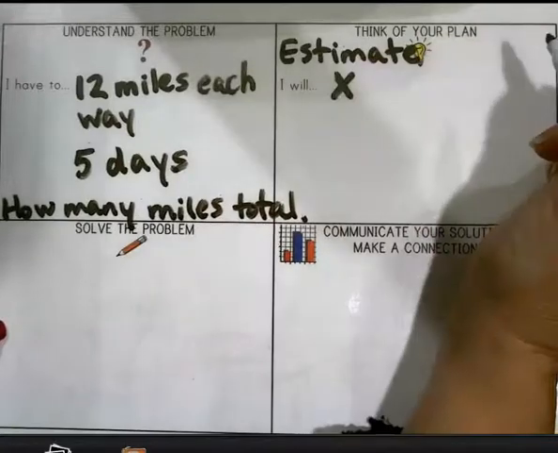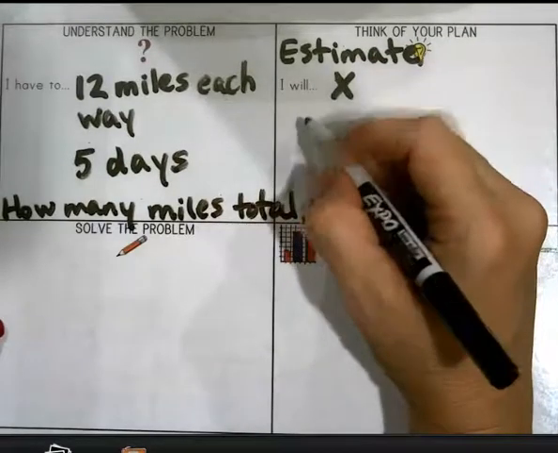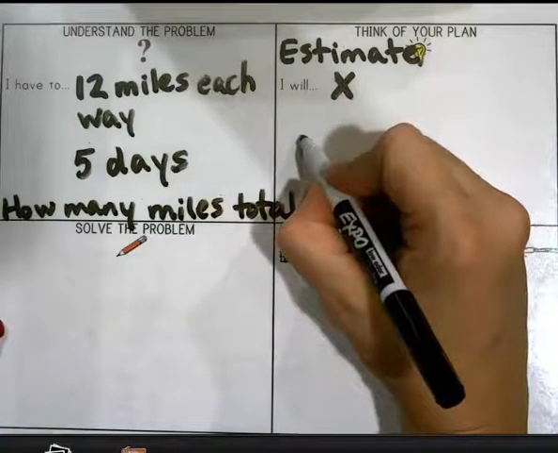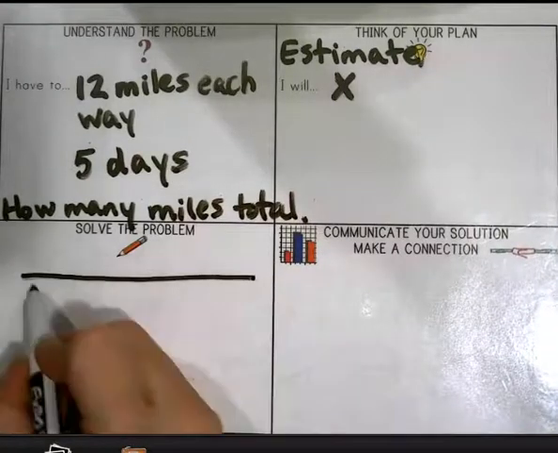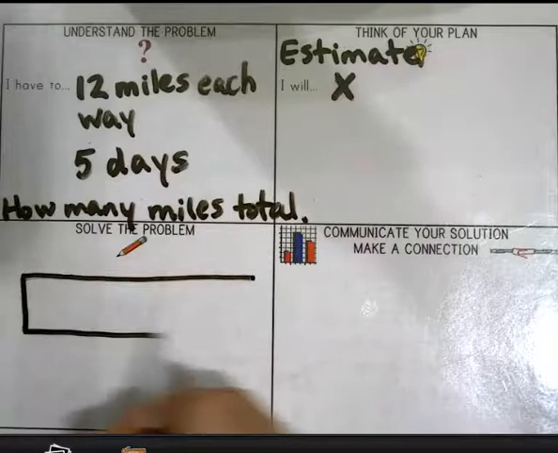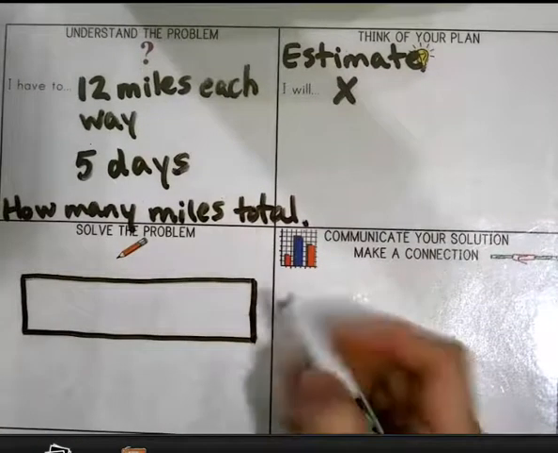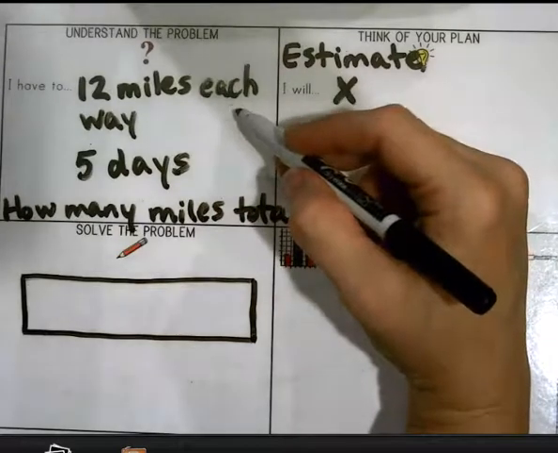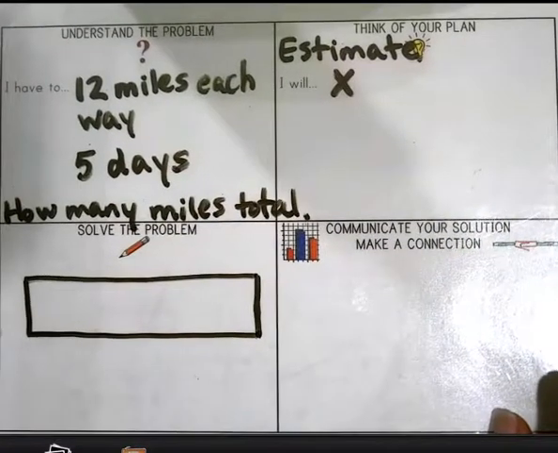Okay, and then I think I'm going to draw a strip diagram. All right, so let's do that. Actually, I'm going to multiply. There's more than one way to do this, and like I've told you before, there's more than one way to skin a cat.